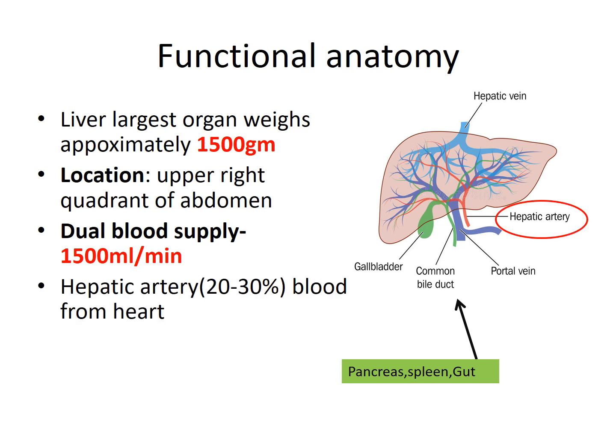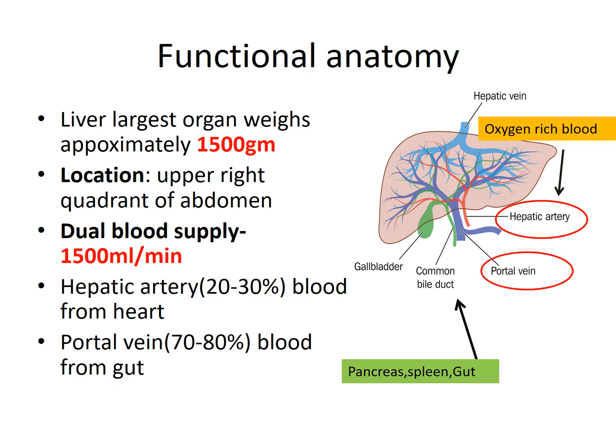The blood from hepatic artery contributes 20 to 30% and it is coming from the heart. And since it is coming from the heart, this type of blood is rich in oxygen. The other is the portal vein, which is receiving blood from the splanchnic circulation, and since it is coming from there, it will be rich in nutrients.